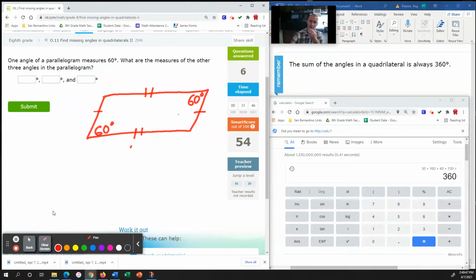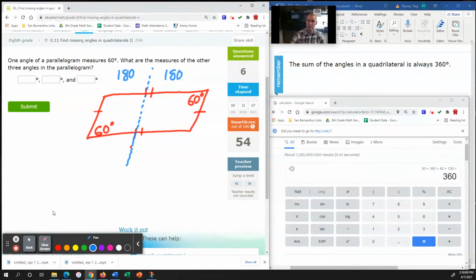Now, I'm going to make an observation. What I've noticed in previous parallelograms is if I divide this in half, there's always 180 degrees on one side, and there's also 180 degrees on the other side.